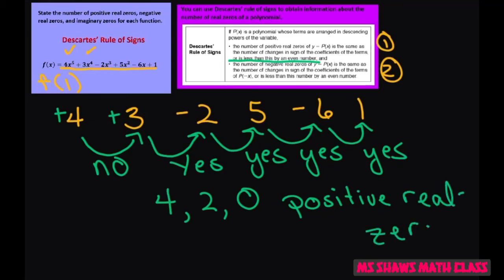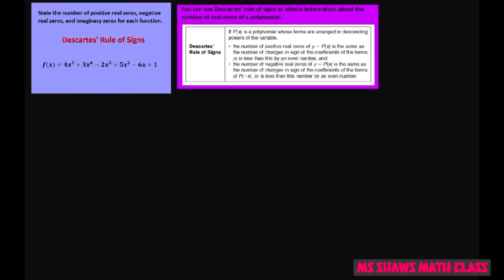All right. Now for the negative real zeros, we're going to do the same thing, but let's plug in negative 1. So we're going to find p of negative x and count the sign changes. So let's do that. When you plug in negative 1 into these odd powers, it changes the sign. Everything else stays the same.